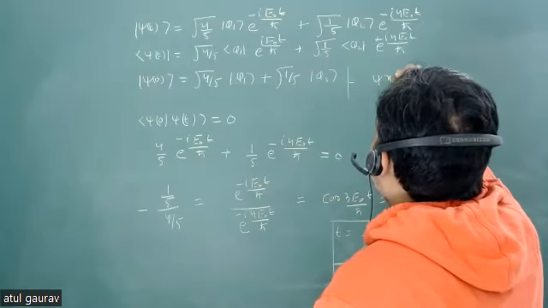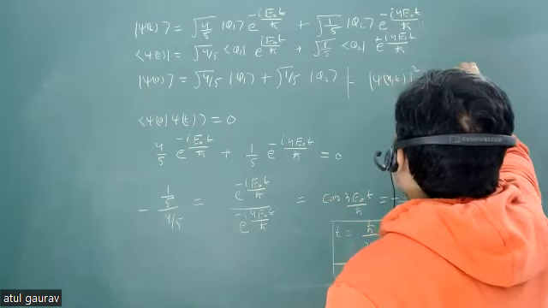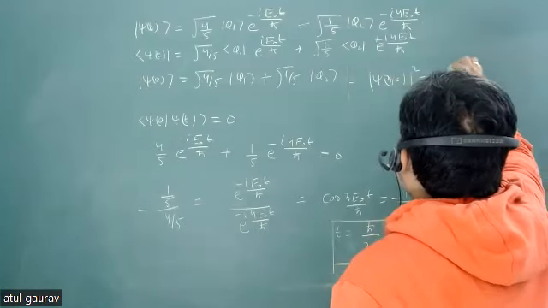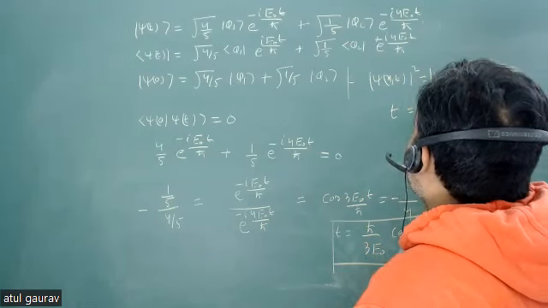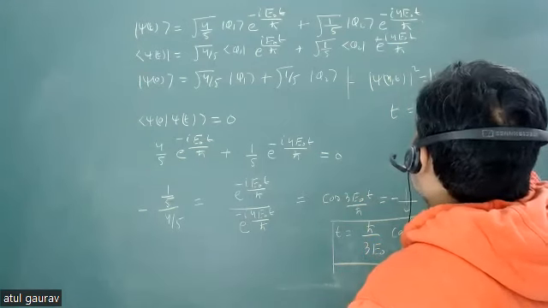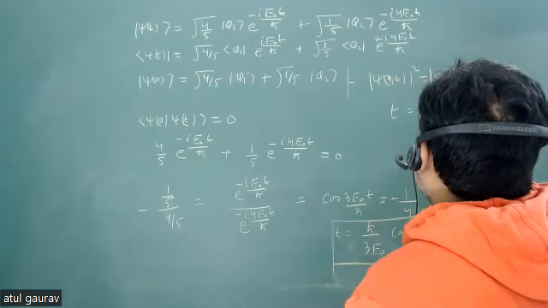मॉड साई एक्स टी स्क्वायर इज इक्वल टू मॉड साई एक्स जीरो स्क्वायर. इसके लिए टी की वैल्यू आ रही थी, दैट वैल्यू 2 पाई एच कट अपॉन E2 minus E1.